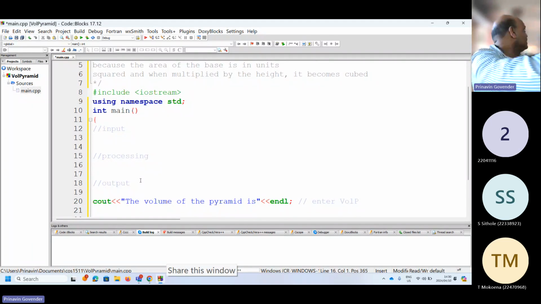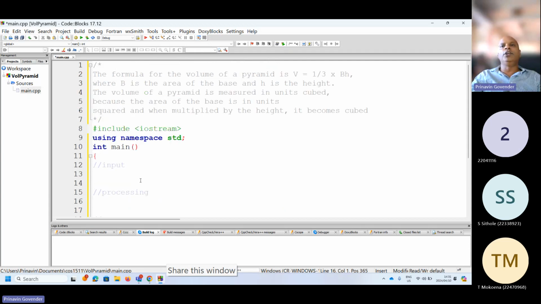Now the processing is given to us. Yes or no? It's given to us. The mathematical formula, yes or no? And what's the formula? What's the formula? Volume is equal to 1/3 multiplied by base times height.